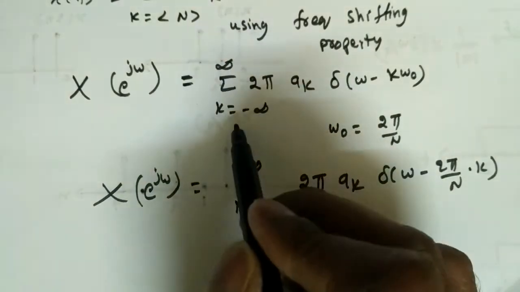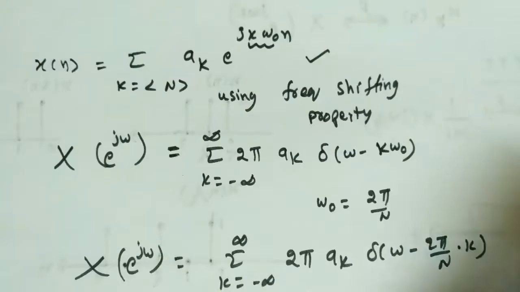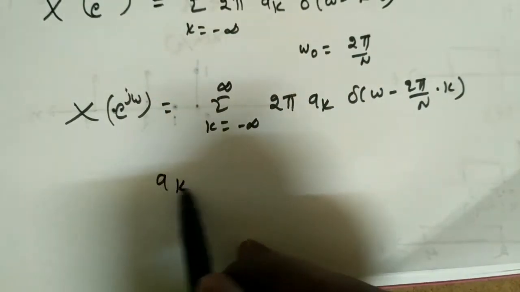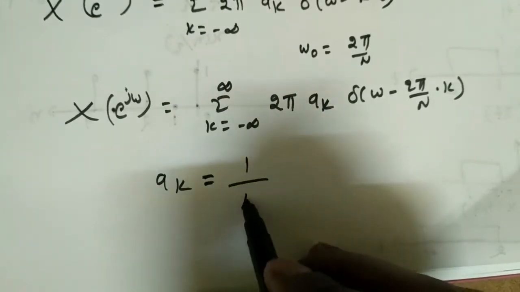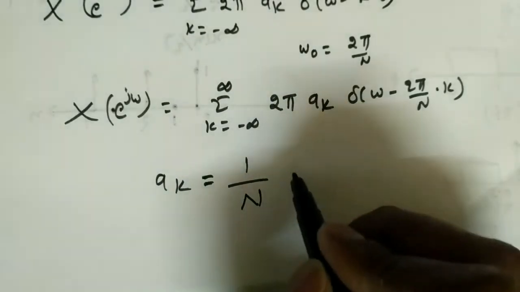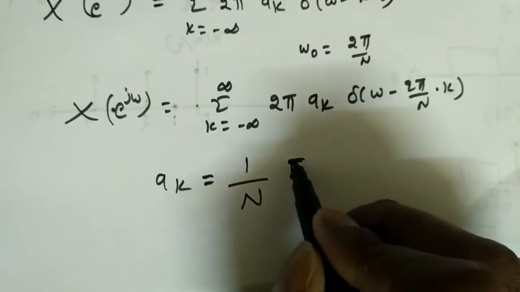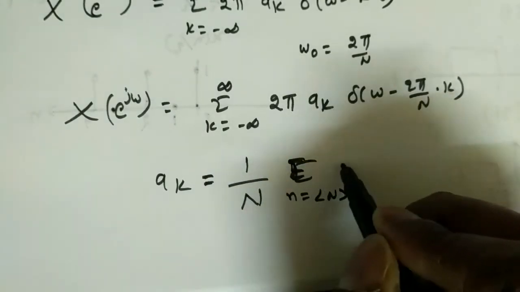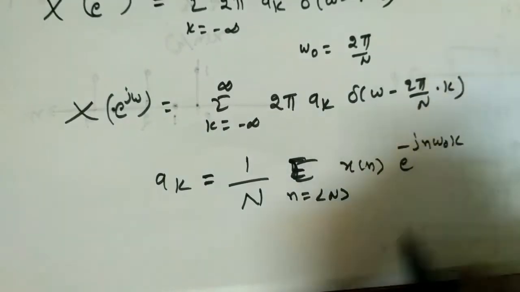See, this is a periodic signal from minus infinity to infinity, but this x of n can be represented over only a single period. That means the Fourier coefficients ak are periodic in nature. So how to find ak? The same formula we used in the discrete time Fourier series: 1 by n sigma over n for one period, x of n e power minus j n omega naught k, right?